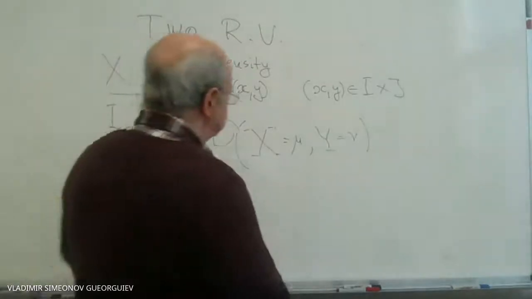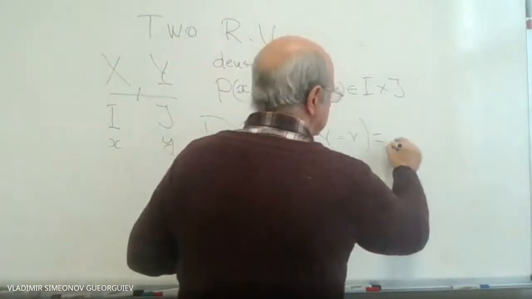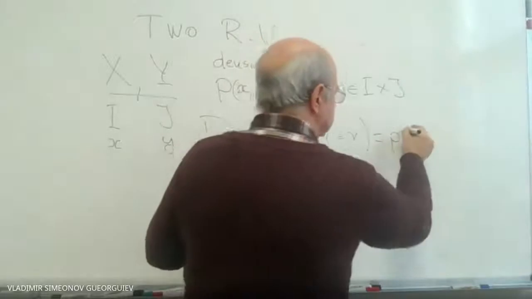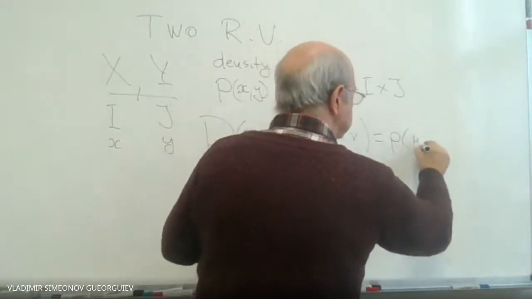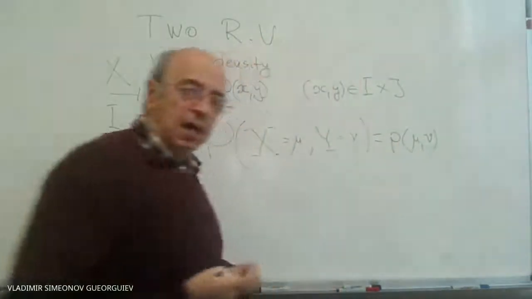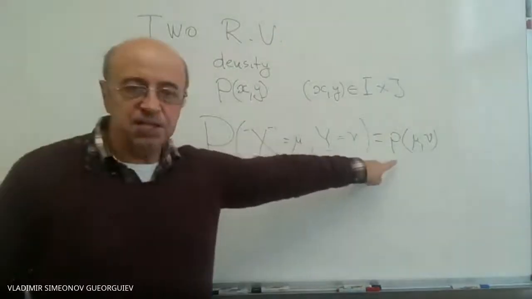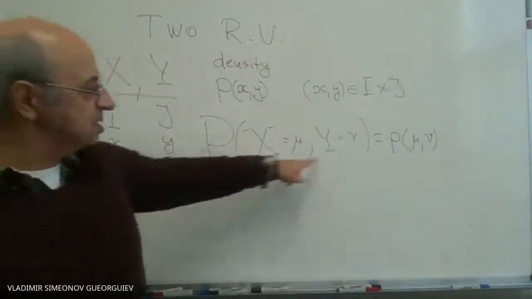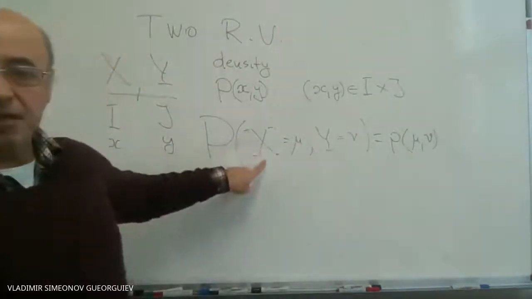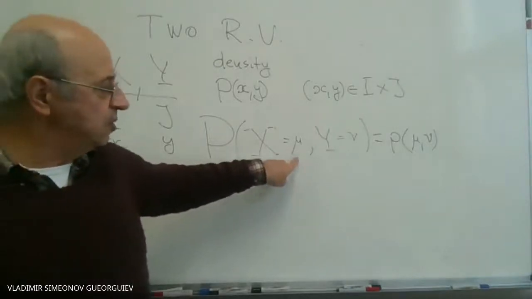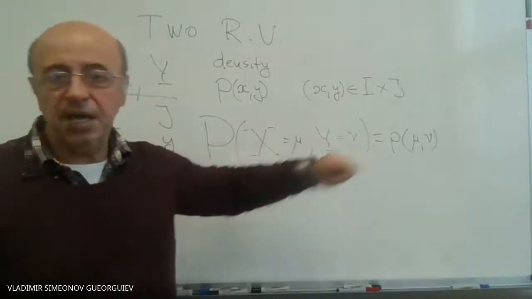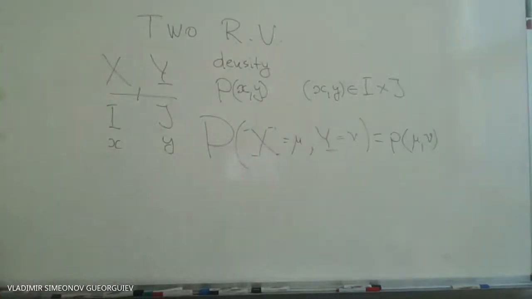By definition, this is simply equal to our probability density at the point (mu, nu). And we interpret this probability density as the probability that random variable x has value mu and random variable epsilon has value nu. So we have two random variables.